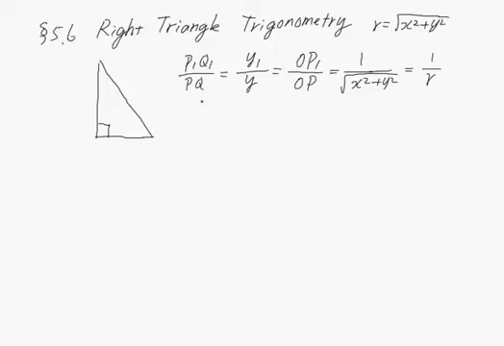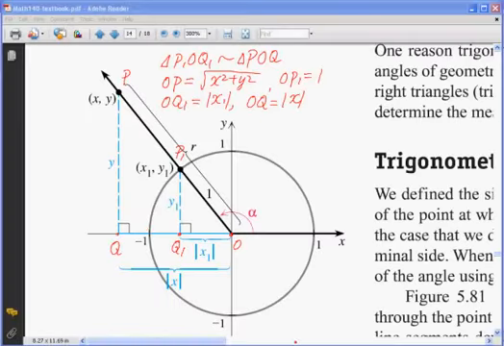Then let's look at the second trigonometric ratio. Now in these two triangles, we have OQ1 over OQ, same as OP1 over OP, right? So this is the ratio of the corresponding sides of these two similar triangles. Now let's write this down on the whiteboard.